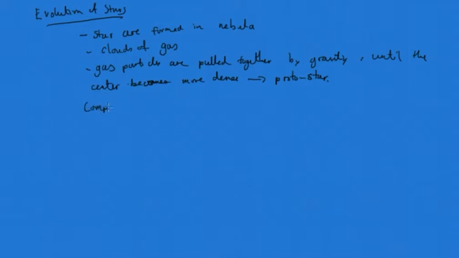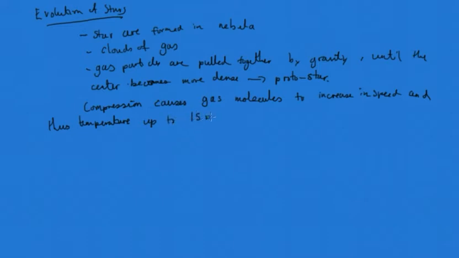The compression causes gas molecules to increase in speed, and thus temperature, and as temperature increases up to about 15 million degrees Celsius, eventually nuclear fusion can occur.